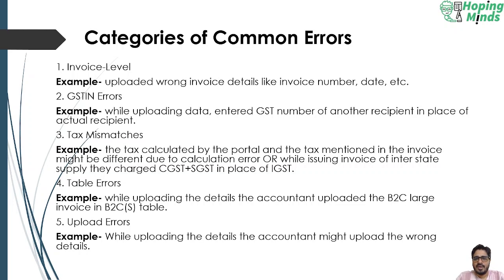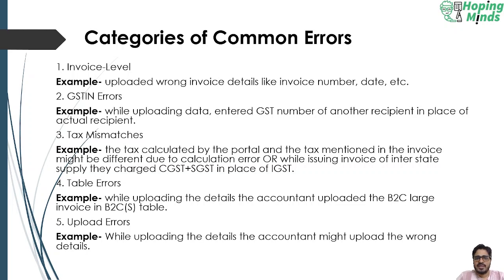Next are the tax amount mismatches. So these errors can be like incorrect bifurcation of CGST, SGST or IGST, or wrong tax rate applied, like applying 12% instead of 5% or 5% instead of 18%, and so on. Or there could be a mismatch between the taxable value and the tax rate applied on the taxable value.